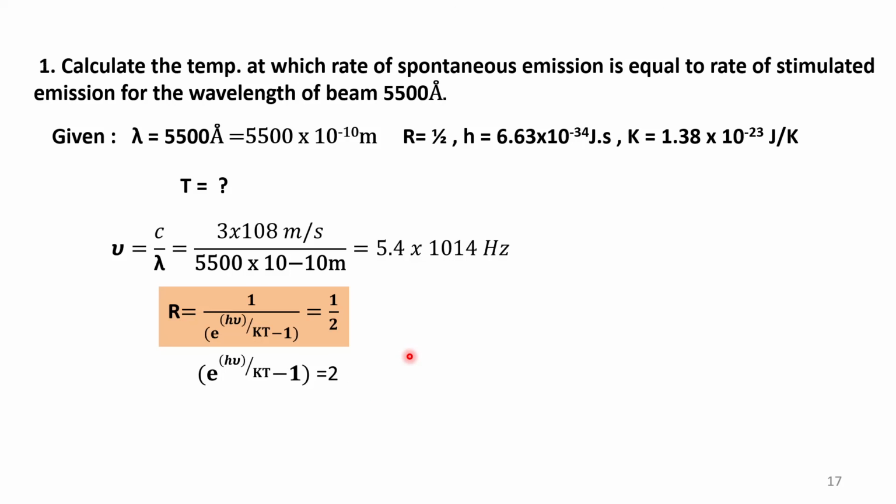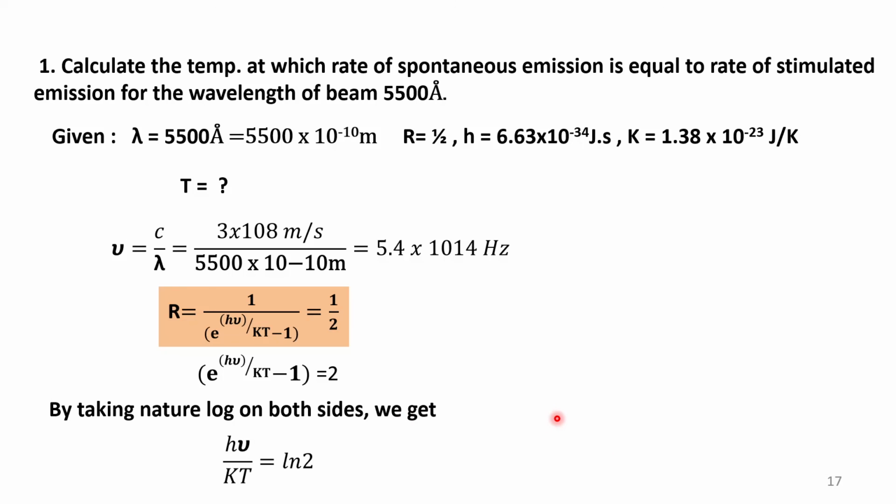Now by rearranging these terms, e raised to h nu by kT minus 1 is equal to 2. By taking the natural log on both sides, we get h nu by kT is equal to log of 2.